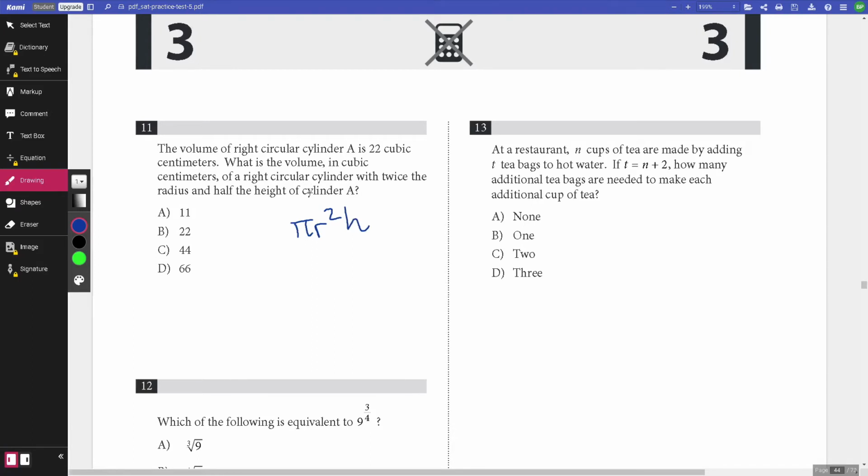So if we have twice the radius, so plug in a 2 there, and then half the height, so 1/2. So in the end, that means that this cylinder is 2 times larger, or 2 times more spacious. So 2 times 22 is 44. Answer is C.